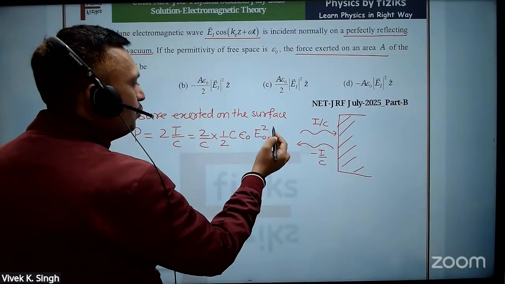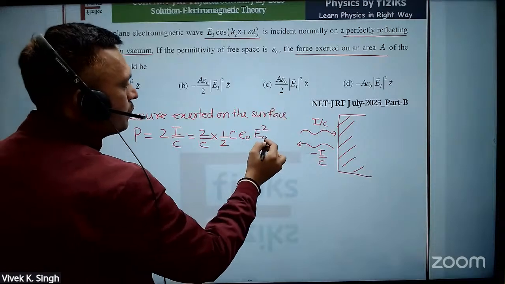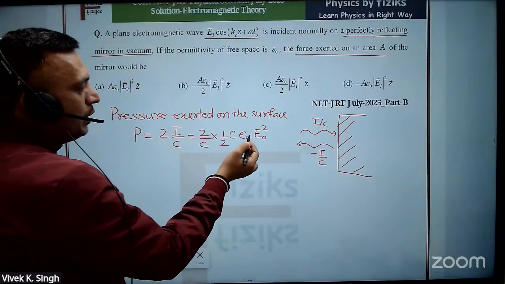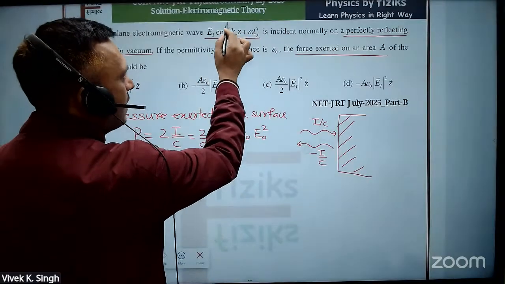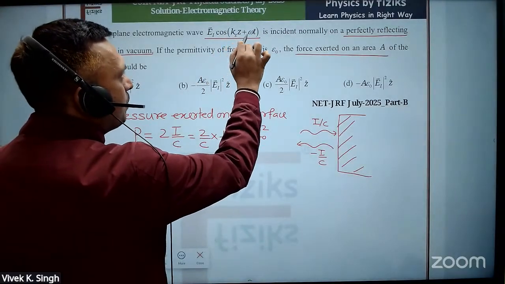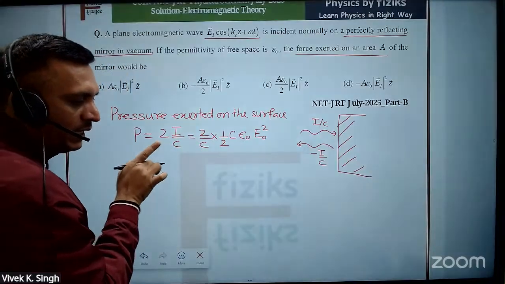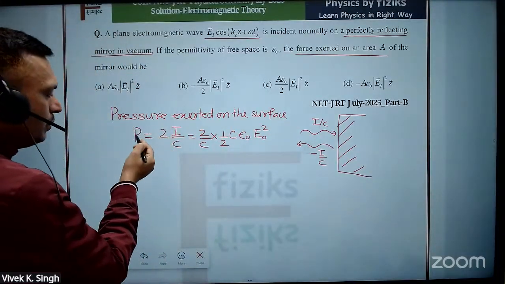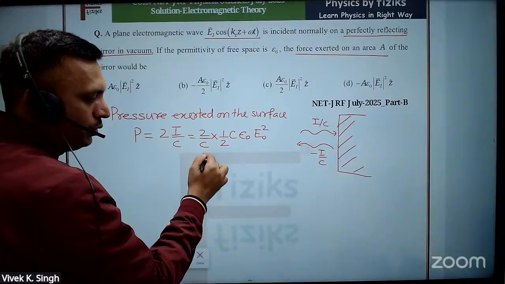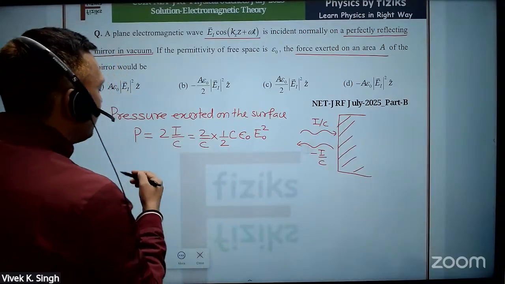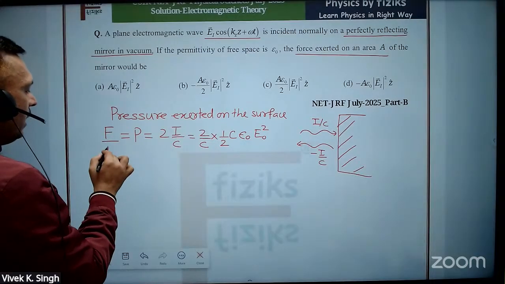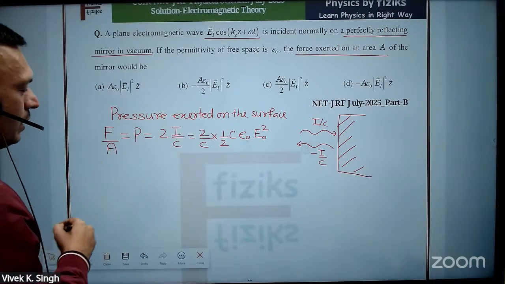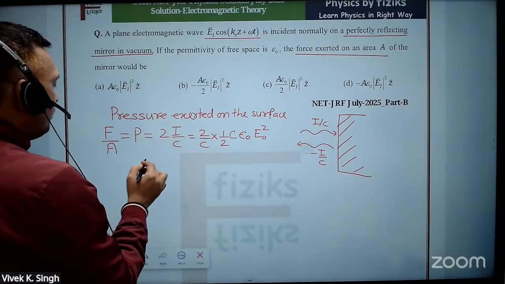If you have to relate the direction also, because we have to write the force, we will take the direction to be in the minus Z cap direction, because this is kz plus omega t, which is propagating in the minus Z direction. So first you should calculate the magnitude, and then we will see the direction also, because pressure is force per unit area. So what will be the force here?